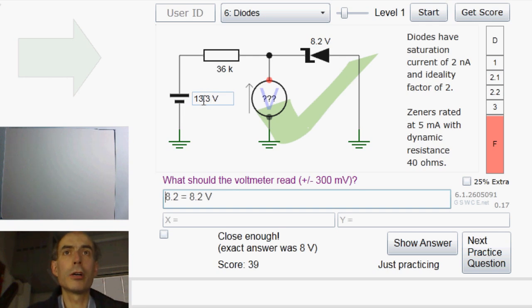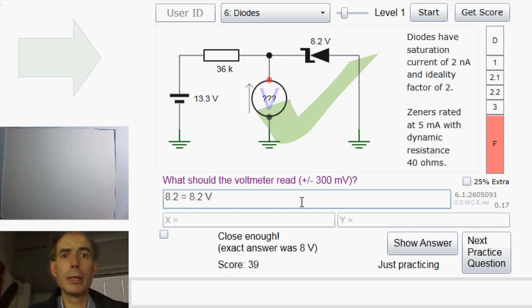If this voltage here was less than 8.2 volts, then I could assume that the Zener diode was not taking any current at all, and therefore the voltage reading here would be just equal to the voltage source. But because the Zener diode has a breakdown voltage which is less than the voltage source, then we can assume that the Zener diode is in fact in breakdown, at which point it will clamp this point here to be approximately 8.2 volts.